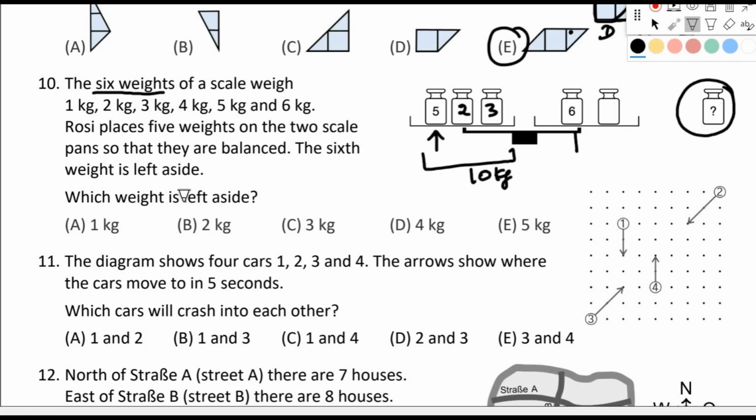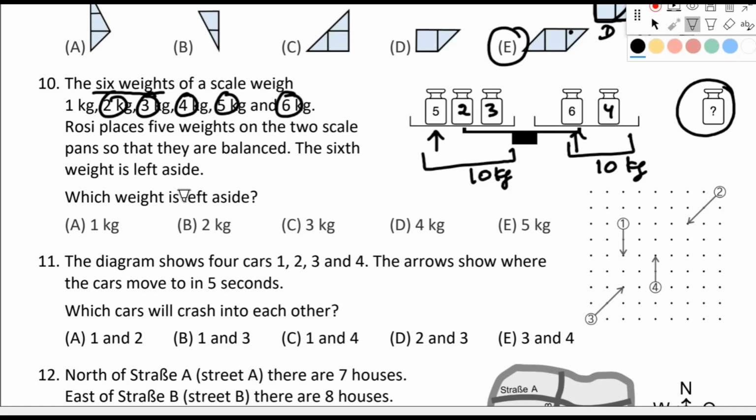Right side, if one of them is 6, the other one is 4. So that makes 10. Okay, then let's see what ways there are: 6, 5, 4, 3, 2.